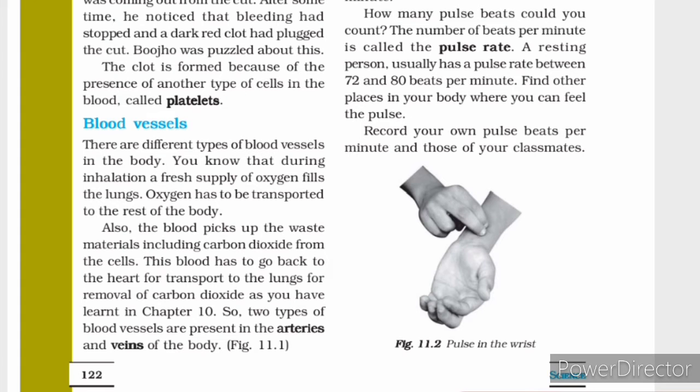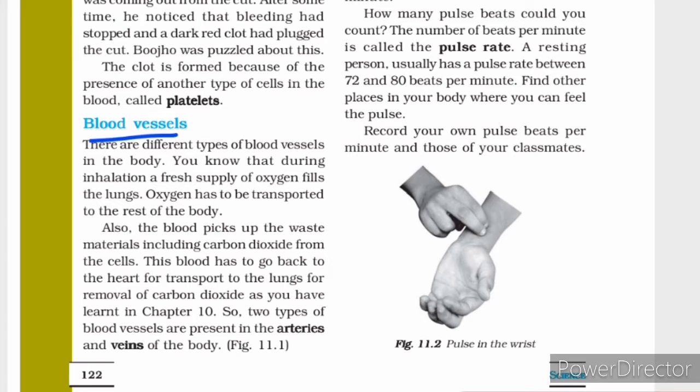So, here we have read about the blood vessels. Our body contains tube like structures called blood vessels that help in the transportation of blood throughout our body. We also know that during inhalation, oxygen is inhaled and fills the lungs.